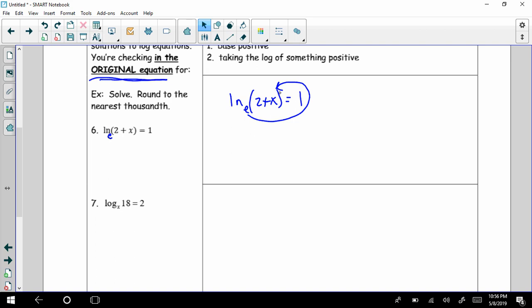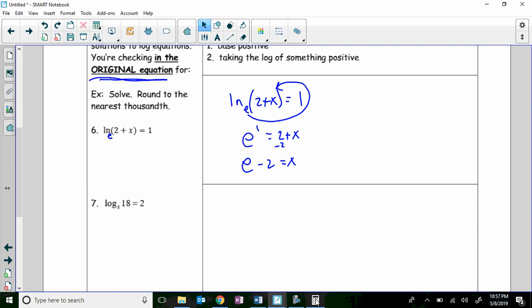Well, that means that e to the 1 equals 2 plus x. So e minus 2 equals x. And that would be something, again, that you're just going to type into your graphing calculator, scientific calculator, whatever the case may be.